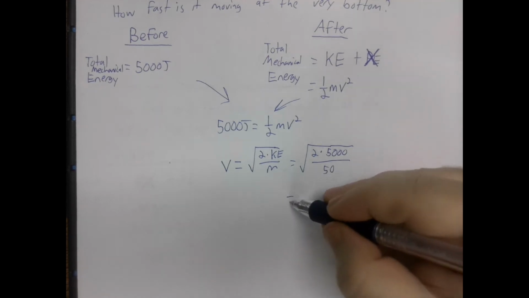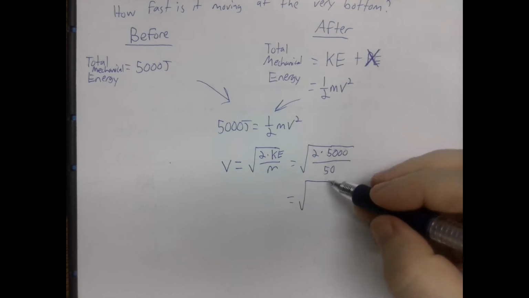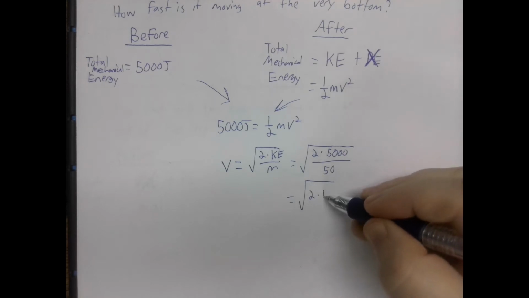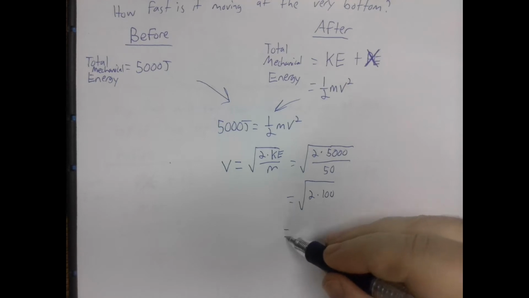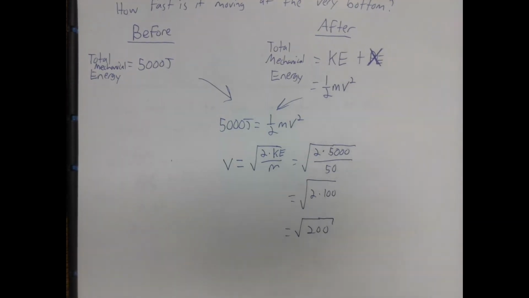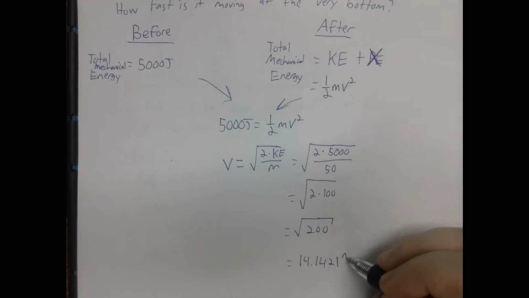And so that is equal to the square root of 2 times 5,000 divided by 50, which is 100. So 2 times 100, square root of 200, and we get a speed of 14.1421 meters per second.